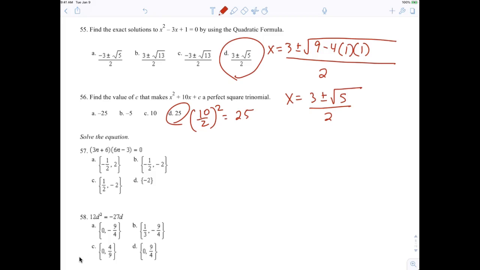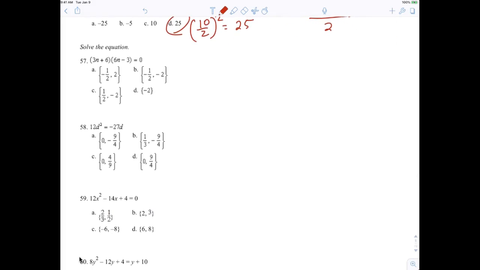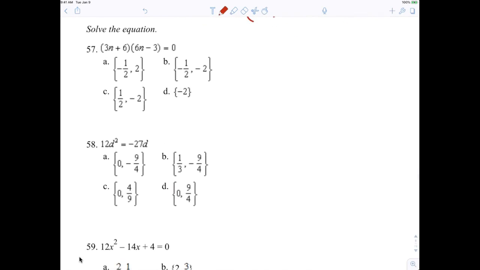All right, now for whatever reason, a lot of kids forgot 57. It's already factored for us. So because it's already factored for us, we just have to set the factors equal to 0. So we are doing 3n plus 6 equals 0, 6n minus 3 equals 0. So solving that, 3n equals negative 6, so n is equal to what?